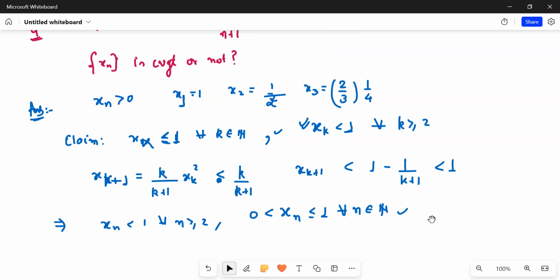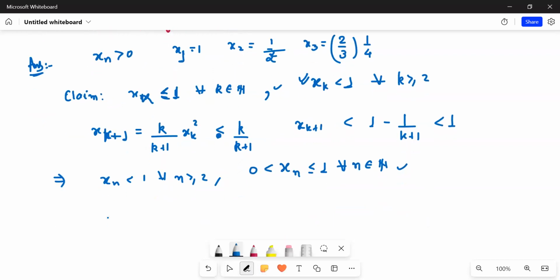Is that clear? Now, I already know that my xn plus 1 is given by n upon n plus 1 xn square. So I can write this as n upon n plus 1 xn into xn. And I already know that my xn is less than 1. So both of these are less than 1.